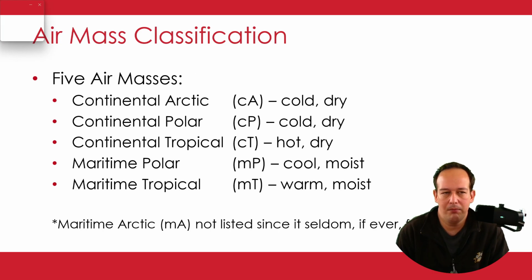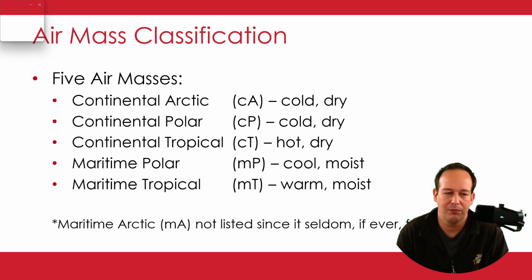When we combine temperature and humidity, we classify air masses as continental Arctic, which is cold and dry; continental polar, which is also cold and dry; continental tropical, which is hot and dry; maritime polar, which is cool but moist; and maritime tropical, which is warm and moist.